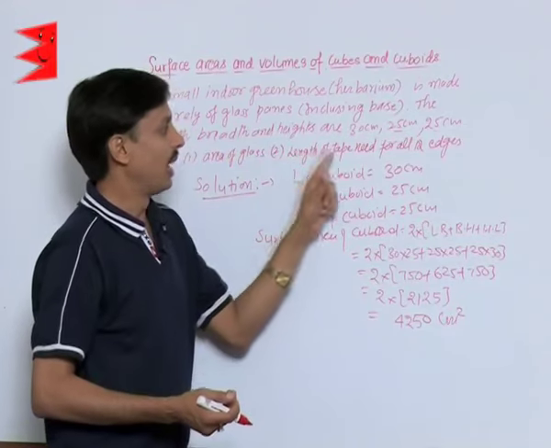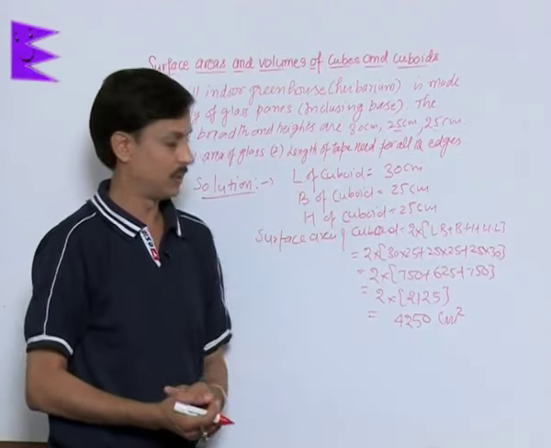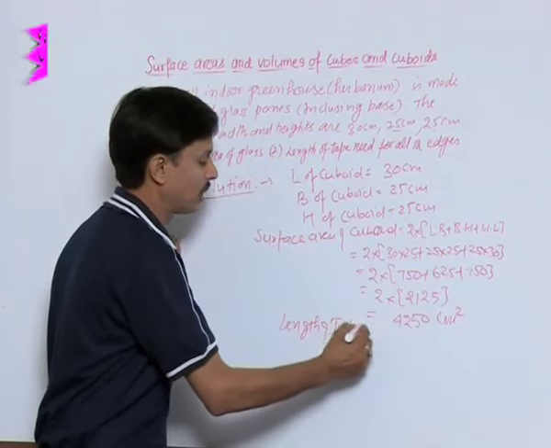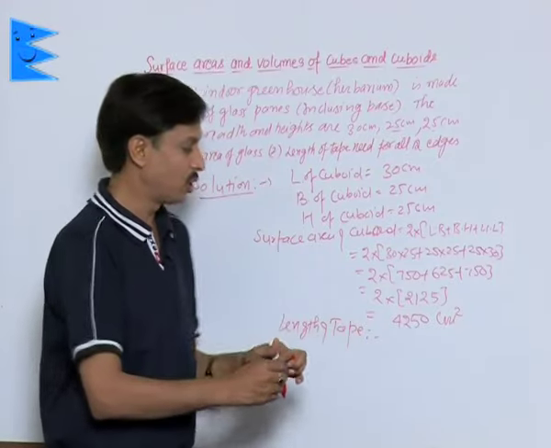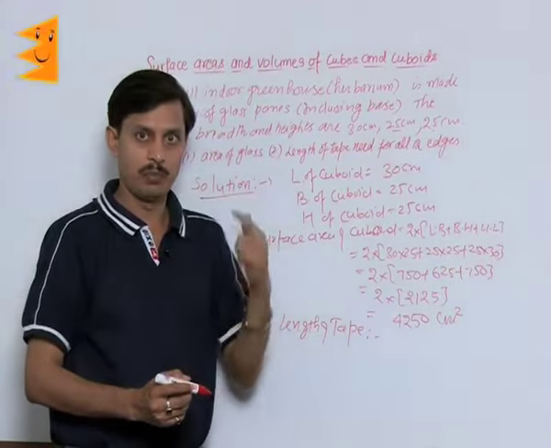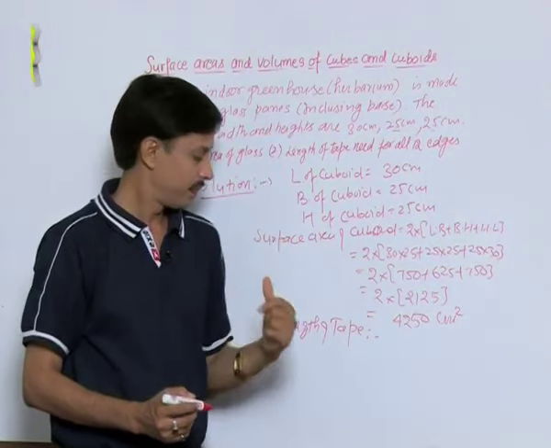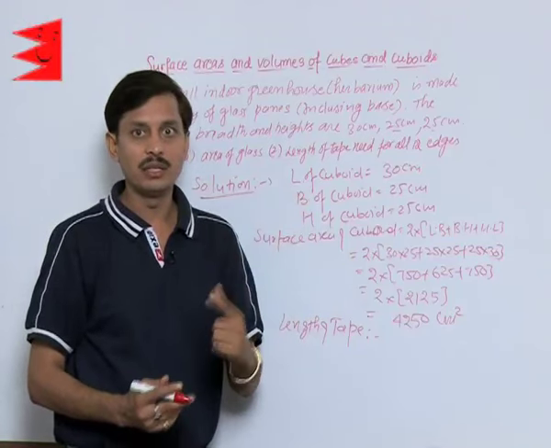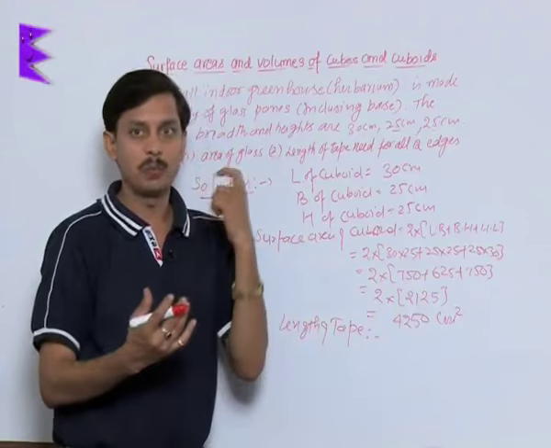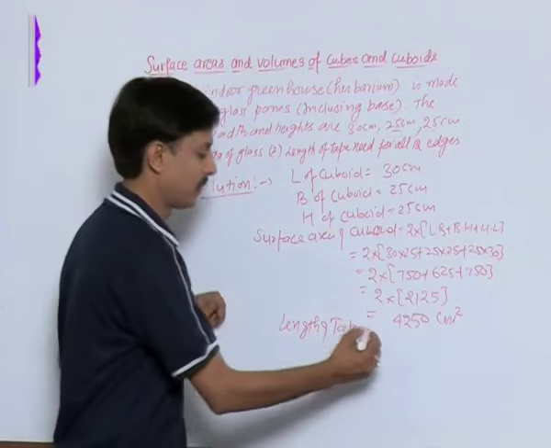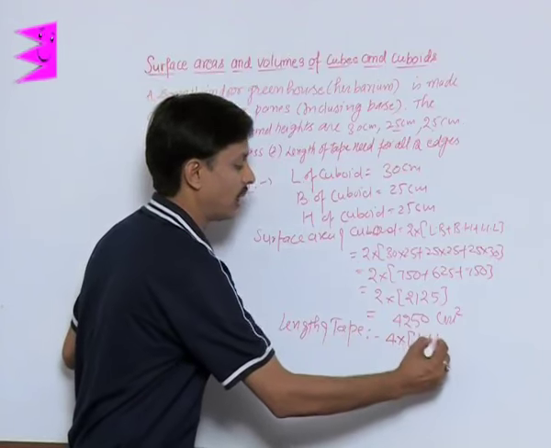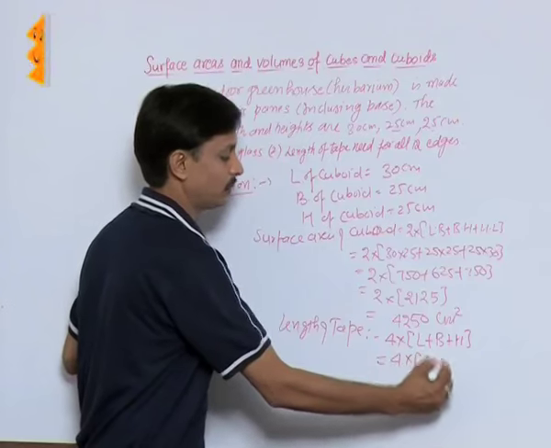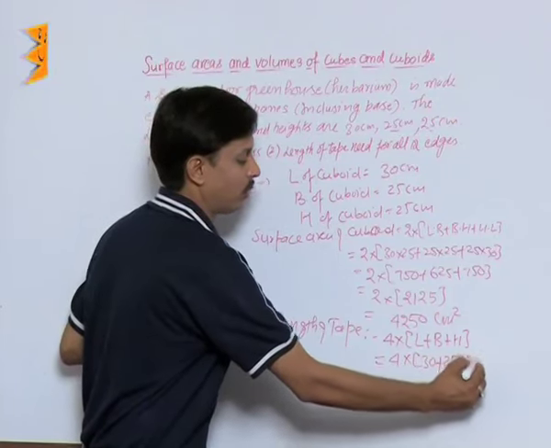Now the second answer, the length of the tape for all 12 edges. The tape will be fixed on all 12 edges, so the length of tape is equal to the total perimeter, that is 4 lengths plus 4 breadths plus 4 heights, which becomes 4 into (L plus B plus H), that is 4 into (30 plus 25 plus 25).